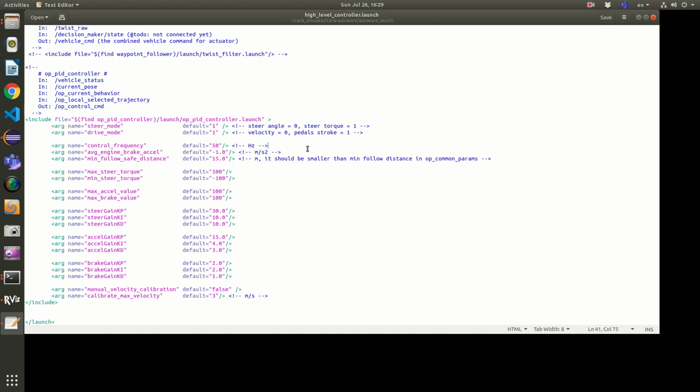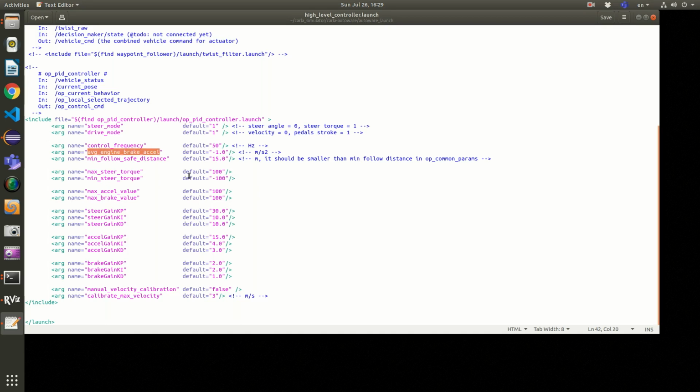Currently it's set to 50 Hertz, and it depends a lot on the feedback input from the control box or the vehicle status we get. But once we set a fixed control frequency, we shouldn't change it. We tune, and if we change it again, we need to retune and recalibrate all the parameters.